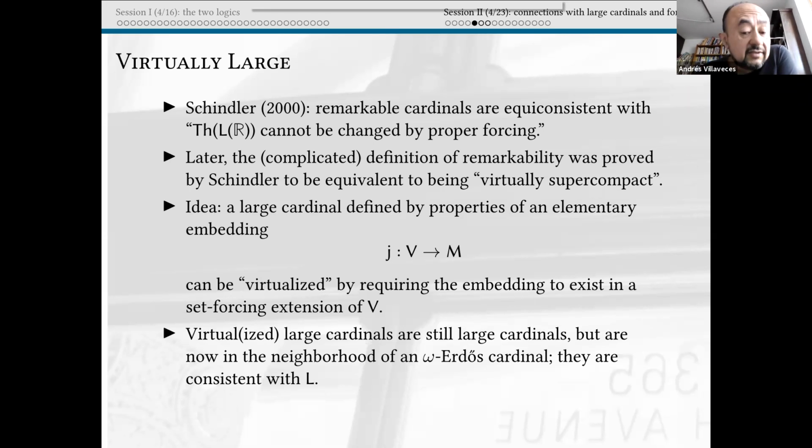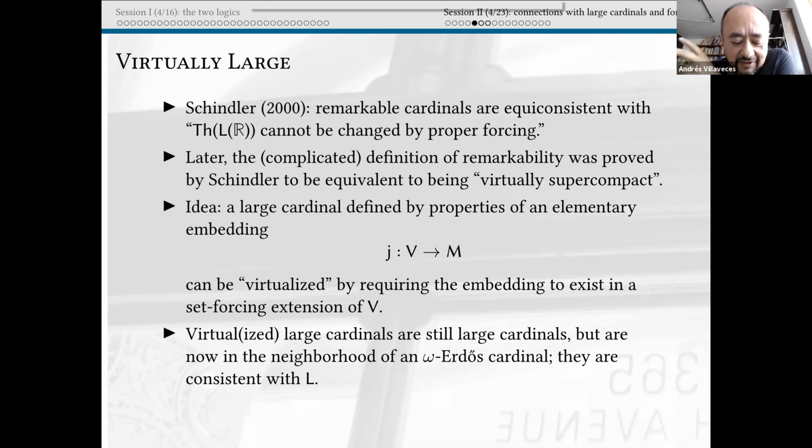And it's interesting that these are still large cardinals, but they are now in the neighborhood of so-called omega Erdos cardinals. They're ineffable. They're kind of low, and they are consistent with L. So it's a whole world of small large cardinals that somehow have some kind of reflection property that makes them similar to large cardinals.